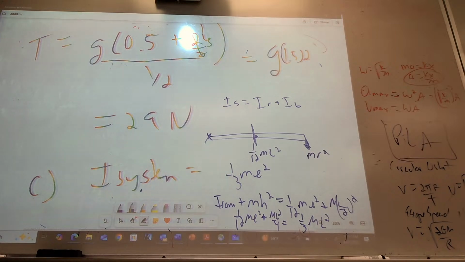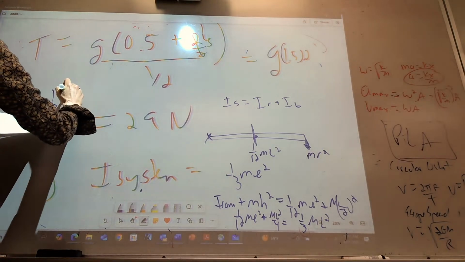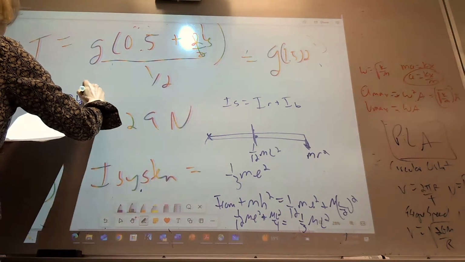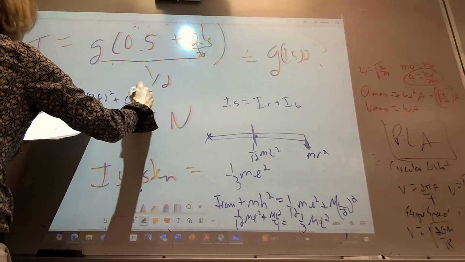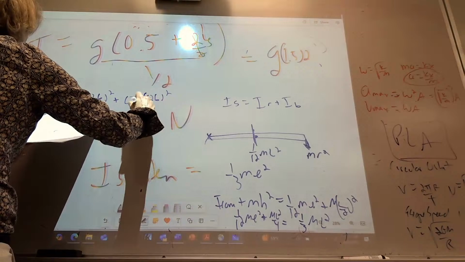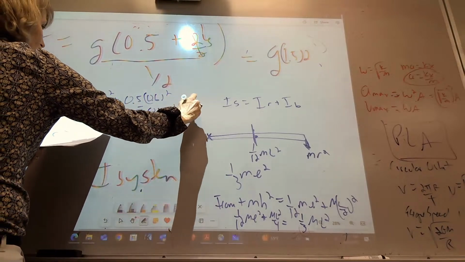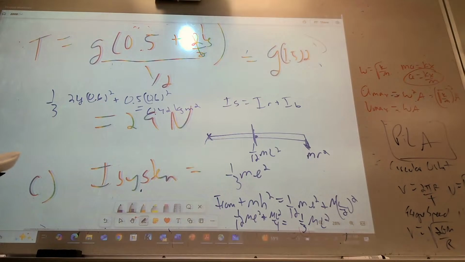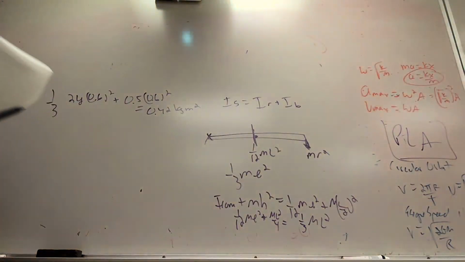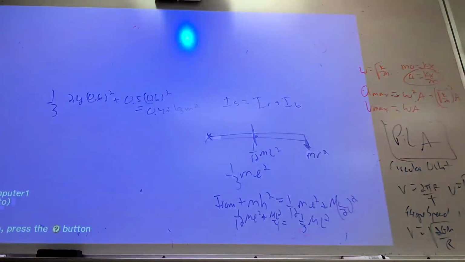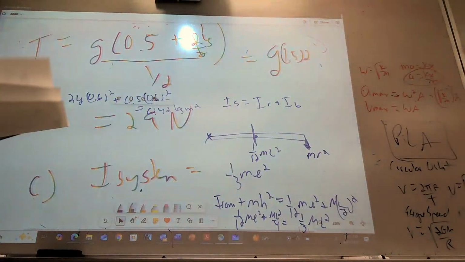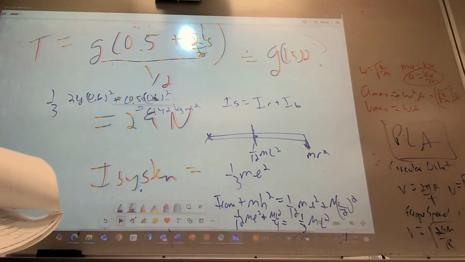So we're adding in 1/3 m, which is 2 kilograms times 0.6 squared, plus 0.5 times 0.6 squared, which gives us 0.42. You get your point for your units in this one. If you don't know, make up a number and put in your units. 0.42 kilograms meters squared.